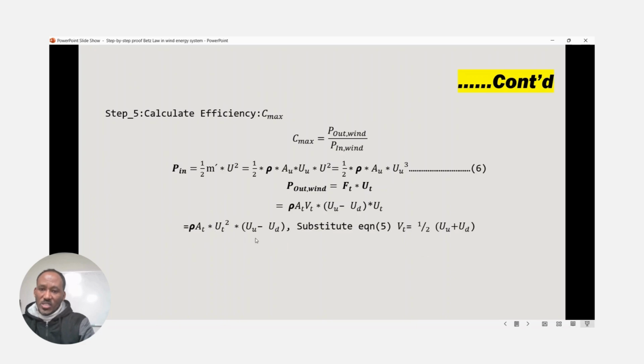Here we have this equation: power out is equal to density times area of turbine times U_T squared times U_U minus U_D.